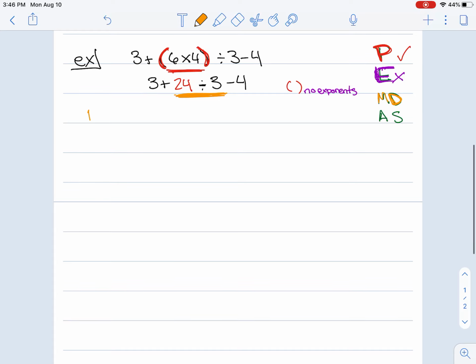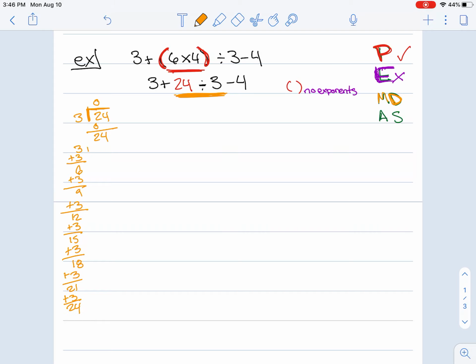Now, if we struggle with that, off to the side we can show our work. 24 divided by 3. I know 3 goes into 2 0 times. I'm still left with 24. So that's gross, and I have to do the actual math then. So I'm like 3 plus 3 is 6, plus 3 is 9, plus 3 is 12, plus 3 is 15, plus 3 is 18, plus 3 is 21, plus 3 is 24.